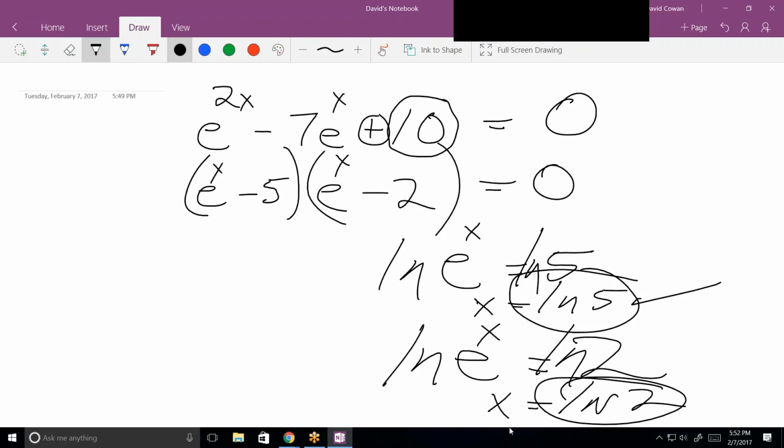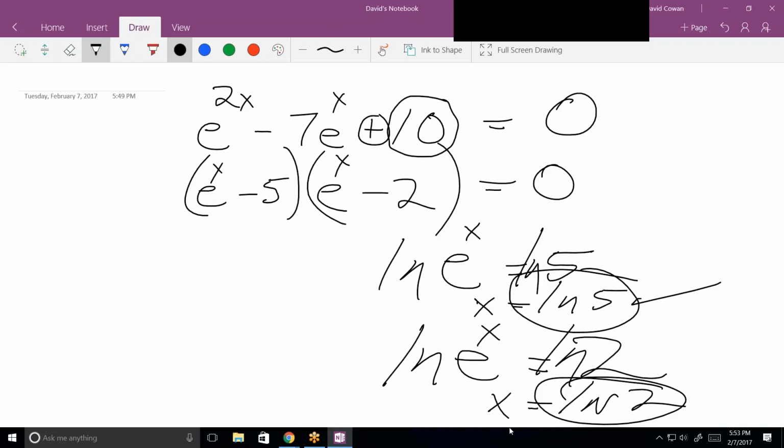In other words, natural log of 5 is a little bit like pi. The moment you convert it to a decimal, you have approximated it. You're no longer giving the exact answer, no matter how many places you round it off to. You could round it off to 17 decimal places and you're still approximating it because it's an irrational number.